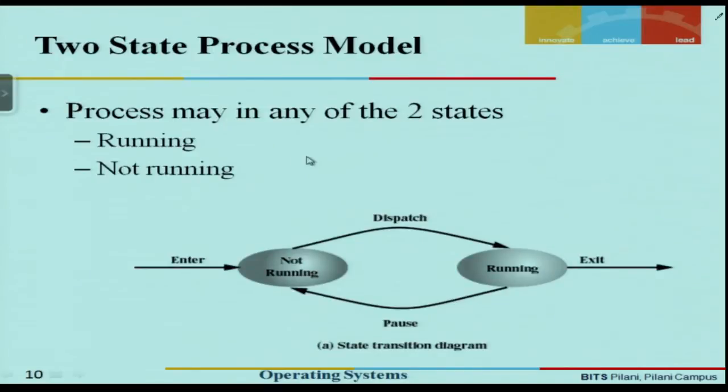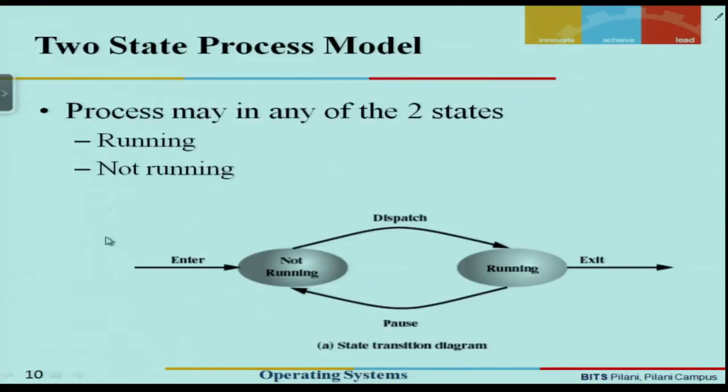So let us begin and start exploring how the two-state model functions. In this case, the process can be in two states: either the process is running or the process is not running.